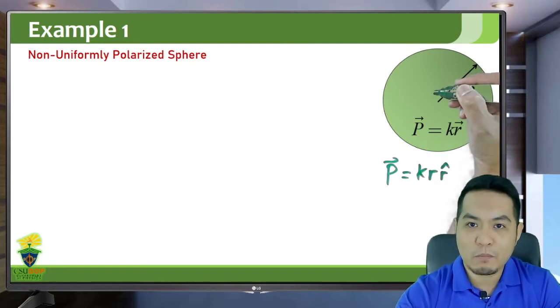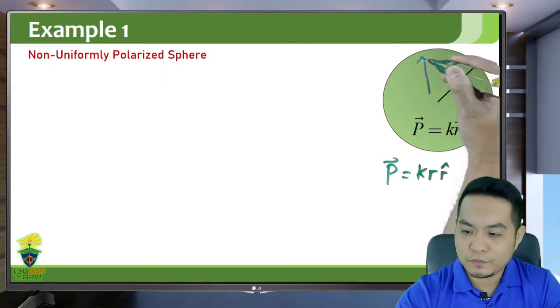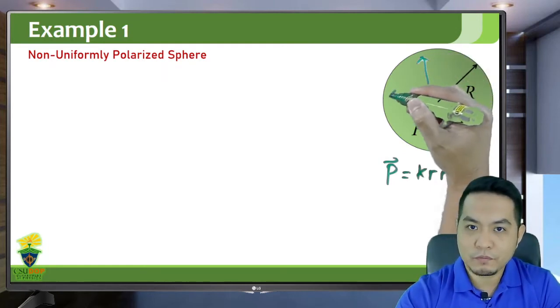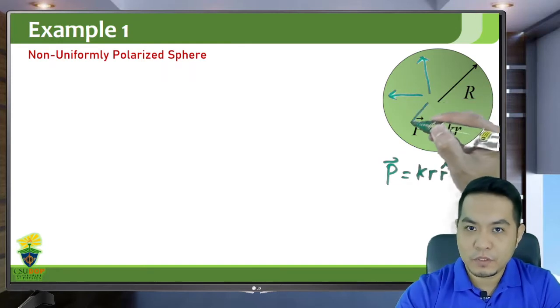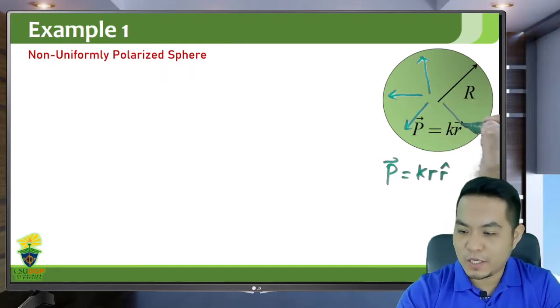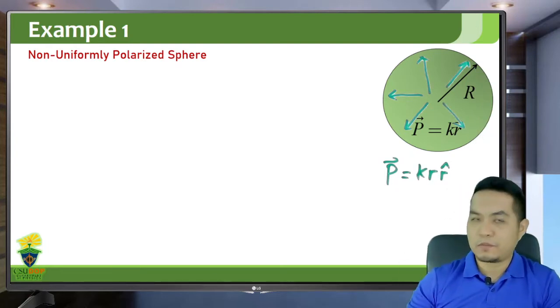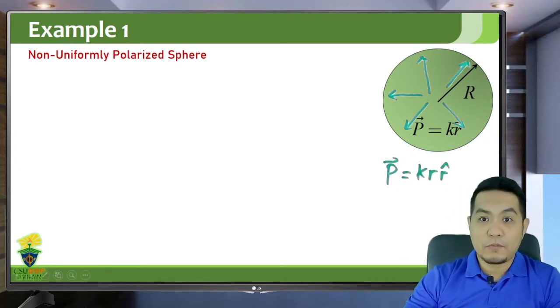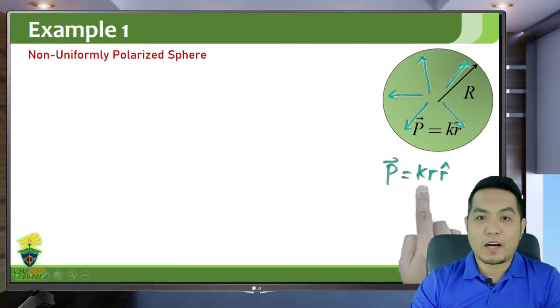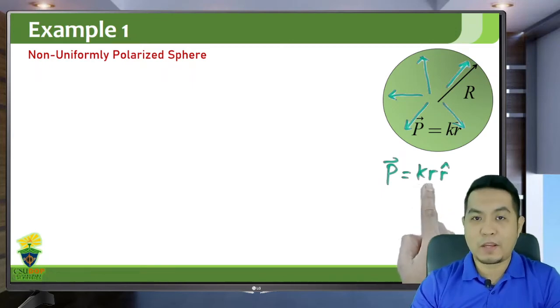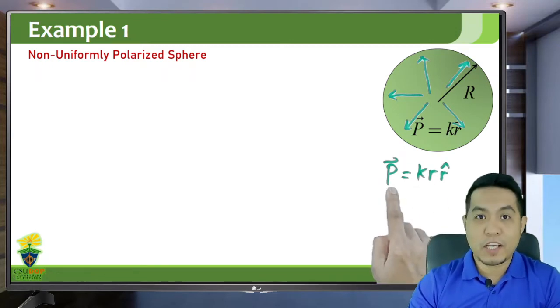So the polarization is radial, and it's non-uniform. It depends on the value of r. K here is just a constant. So depending on the value of r, your polarization is different.